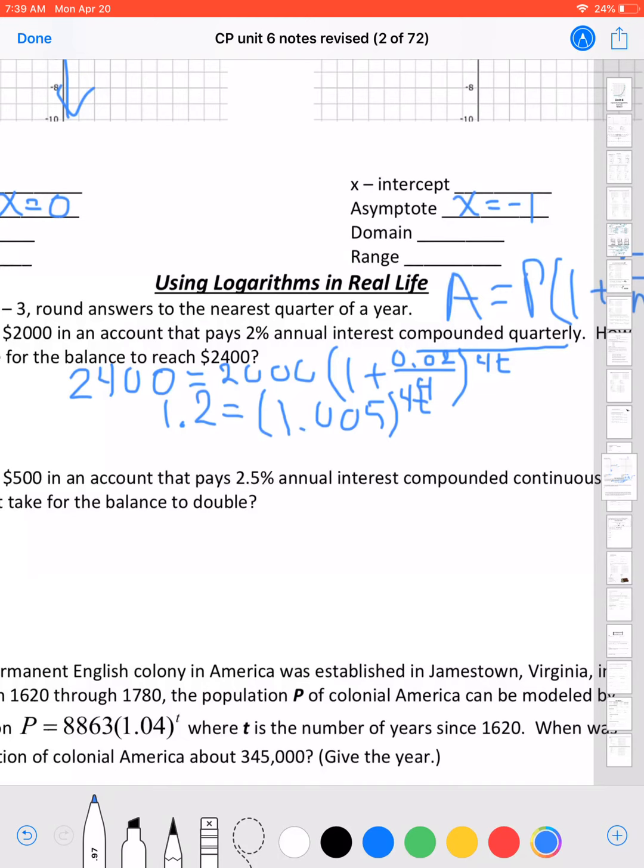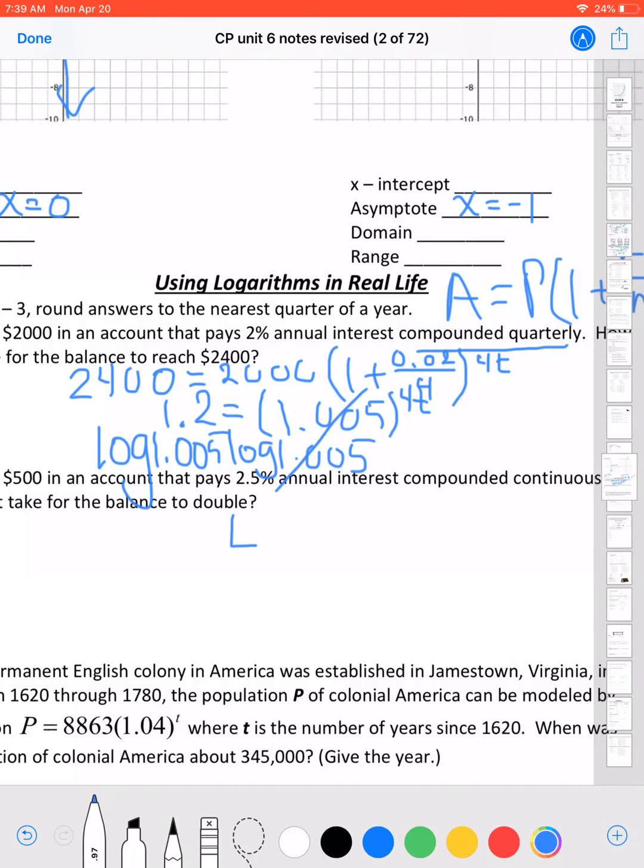To get rid of this, you have to take the log of 1.005 on both sides. That cancels.